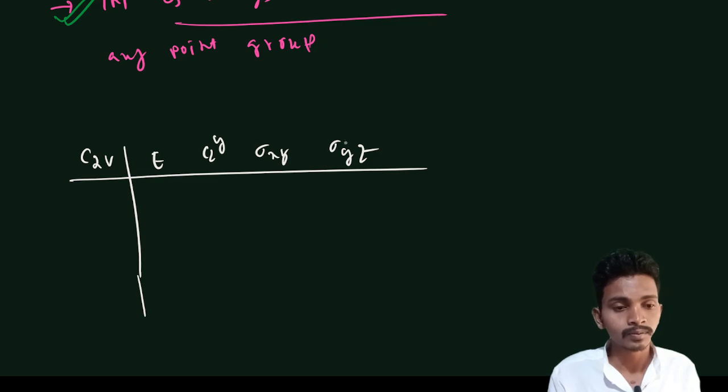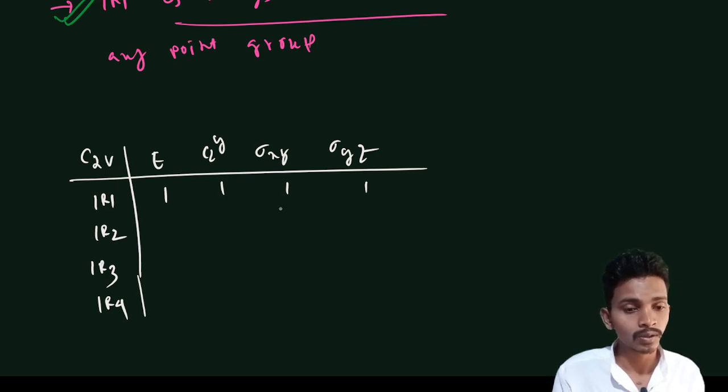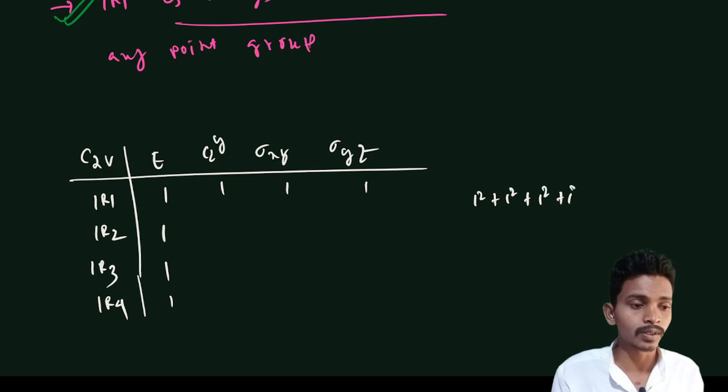The classes of irreducible representations will come, IR1, IR2, IR3 and IR4. This is always 1 1 1 1, and the sum of squares has to give the order of the group. So I put 1 1 1 1, because 1 square plus 1 square plus 1 square plus 1 square gives 4. So this is the order of the group. This much I have done.